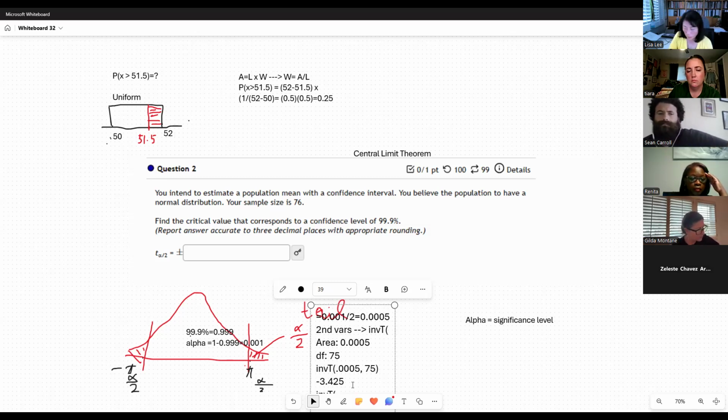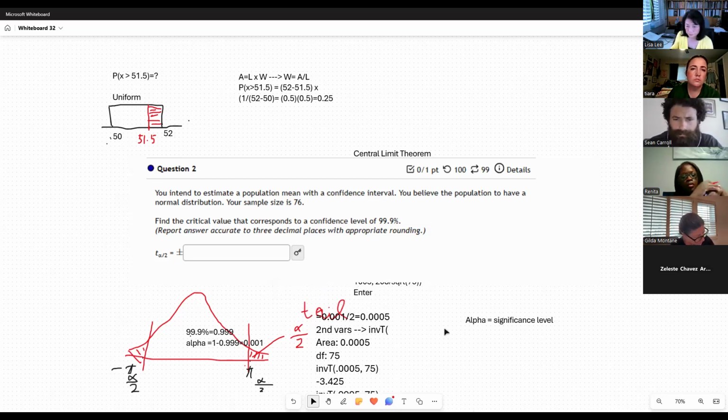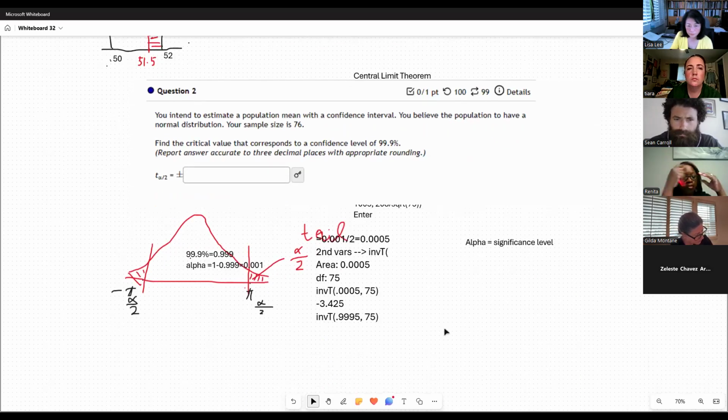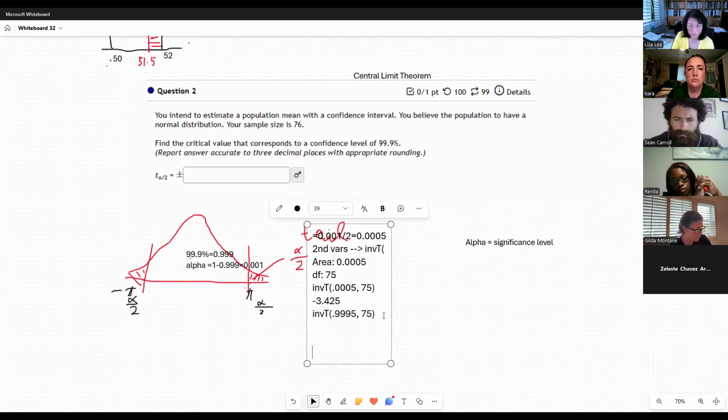and that gives you 0.9995, right? Comma, degree of freedom 75. If you use that way, you will come out with the positive, okay? If you input this way, you will have positive, for sure.